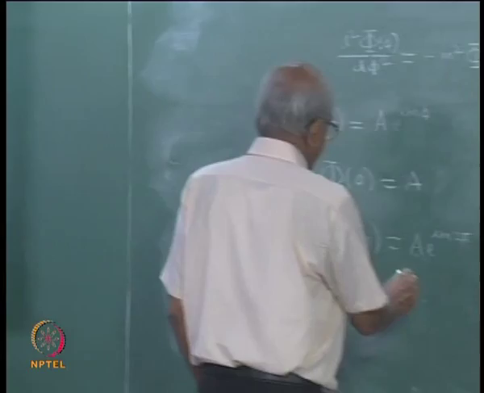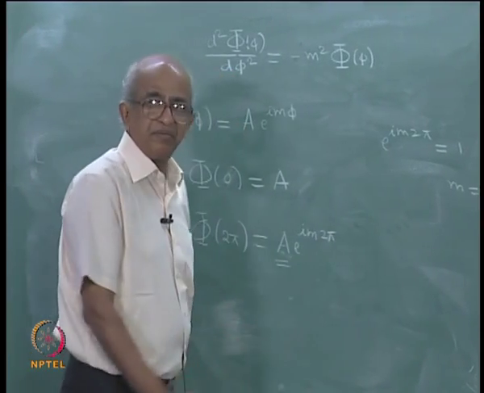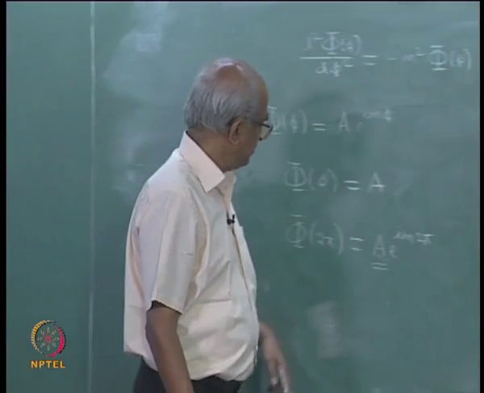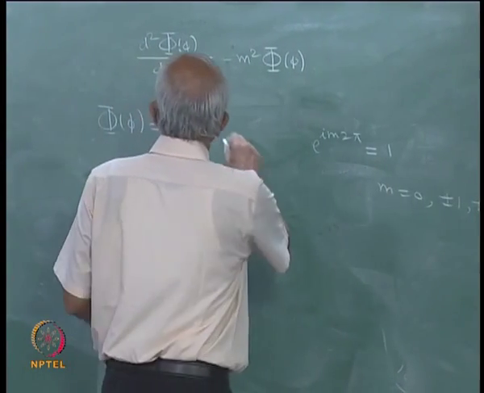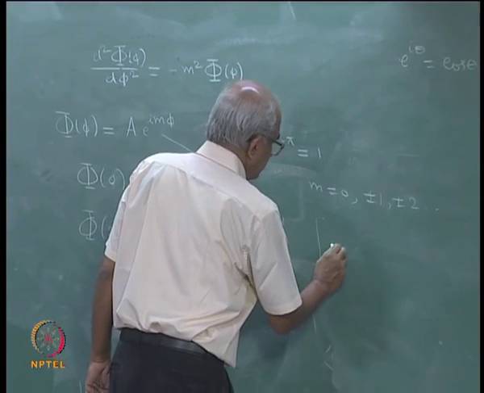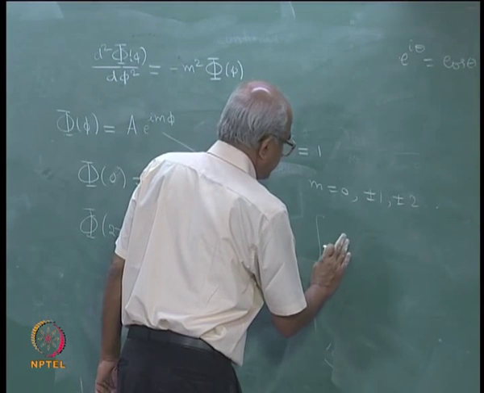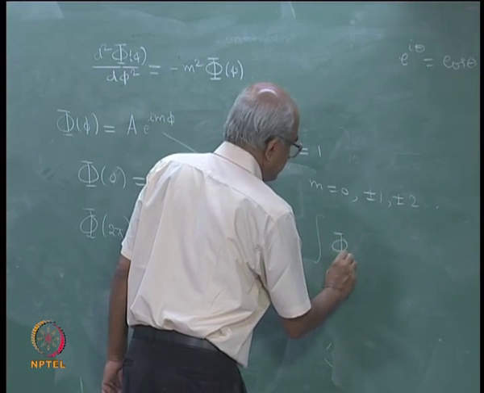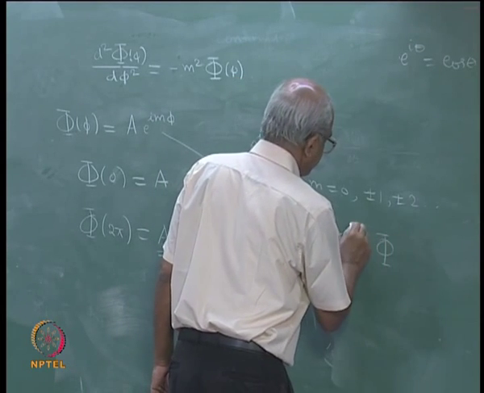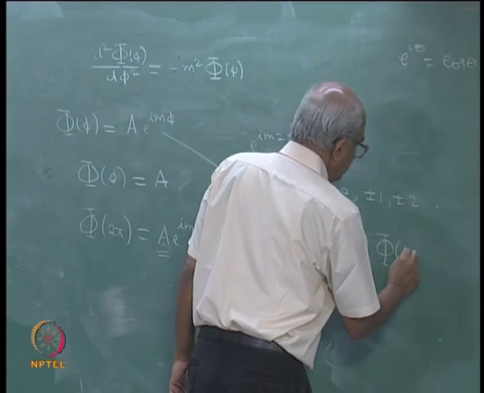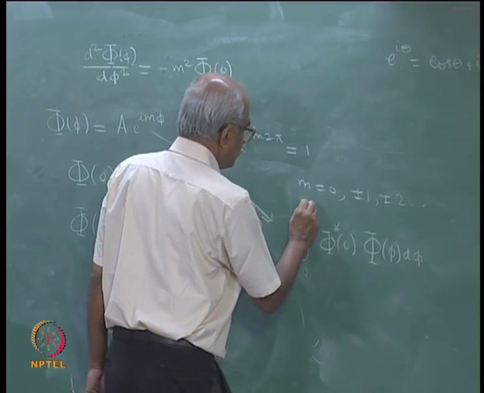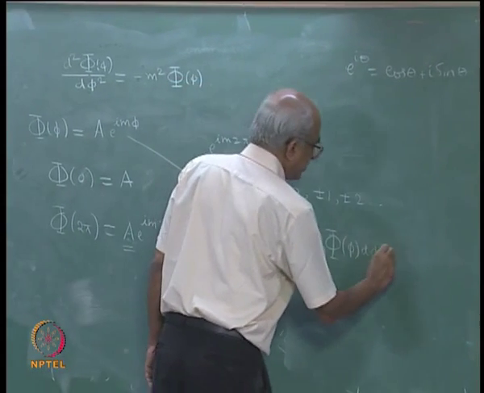And then the next question will be, what should be the value of capital A? Well, this is your wave function. We know that I have to choose capital A in such a fashion that the wave function multiplied by its own complex conjugate integrated from 0 to 2 pi must be equal to 1.